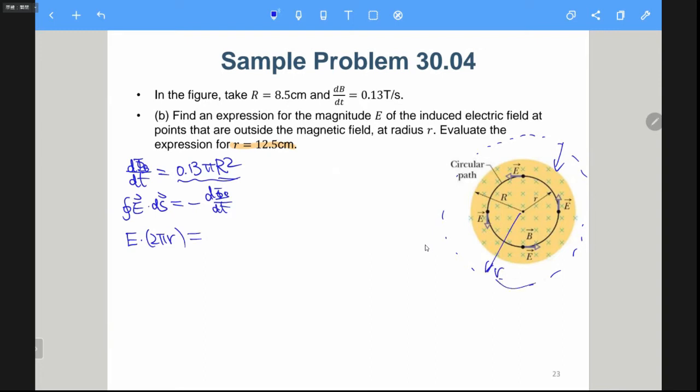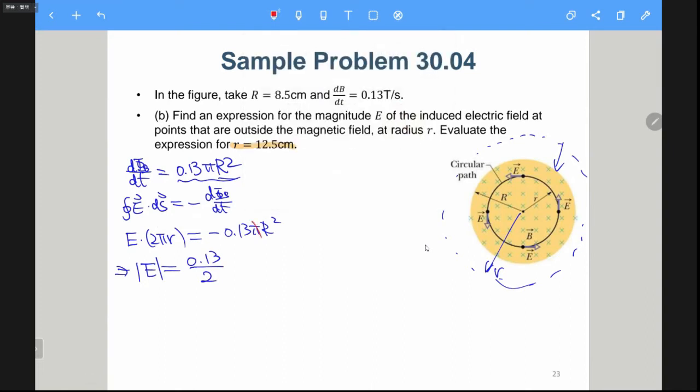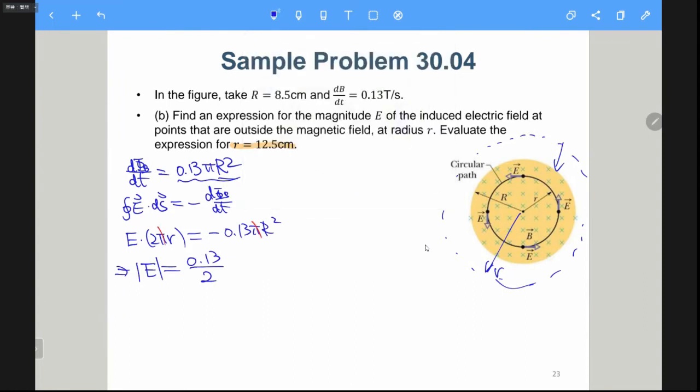And then it is negative 0.13 pi capital R squared. So the absolute value of E should be 0.13 over 2, and then pi and pi can be cancelled. R cannot cancel anymore because one is small r, one is capital R. So it will be capital R squared over small r.